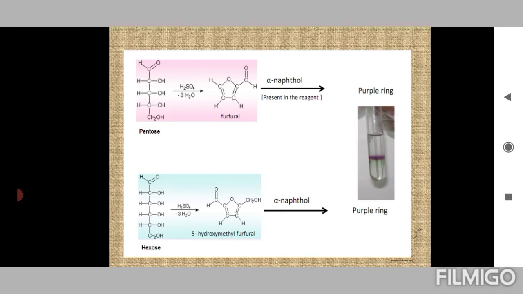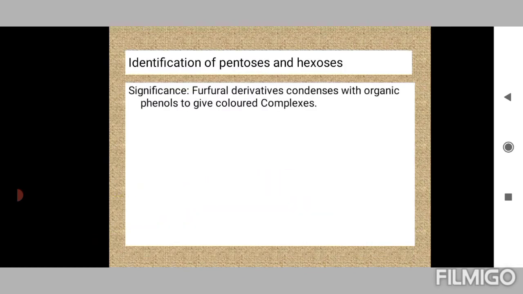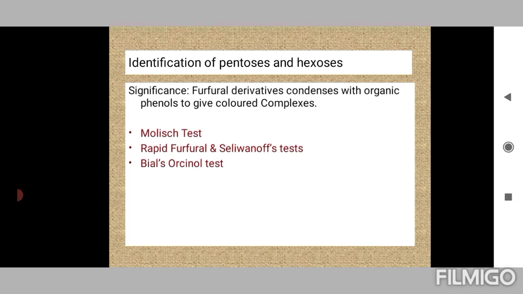You take alpha naphthol with sugar solution, shake it, and add concentrated sulfuric acid through the sides of the test tube, and you can see the purple colored ring here. So this is the Molisch test. And apart from the Molisch test, for the identification or quantification of pentoses and hexoses, we use the rapid furfural test, Seliwanoff's test, and Bial's orcinol test also.